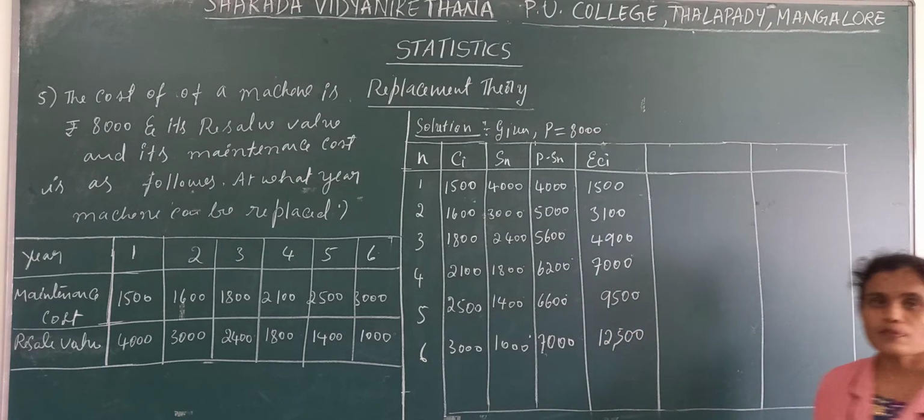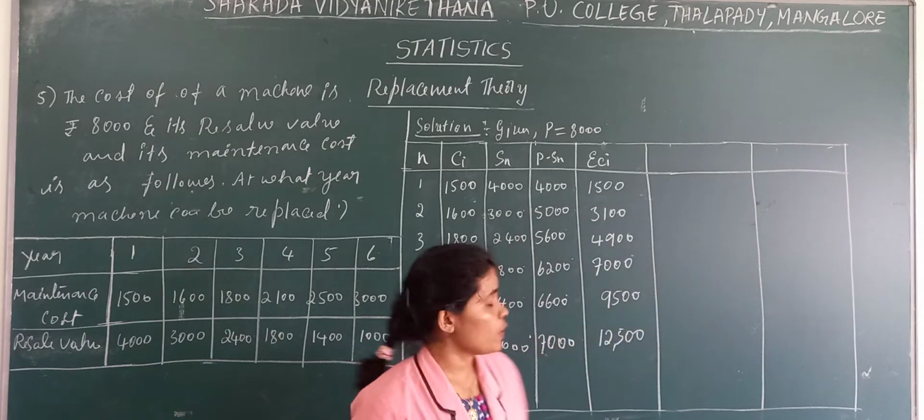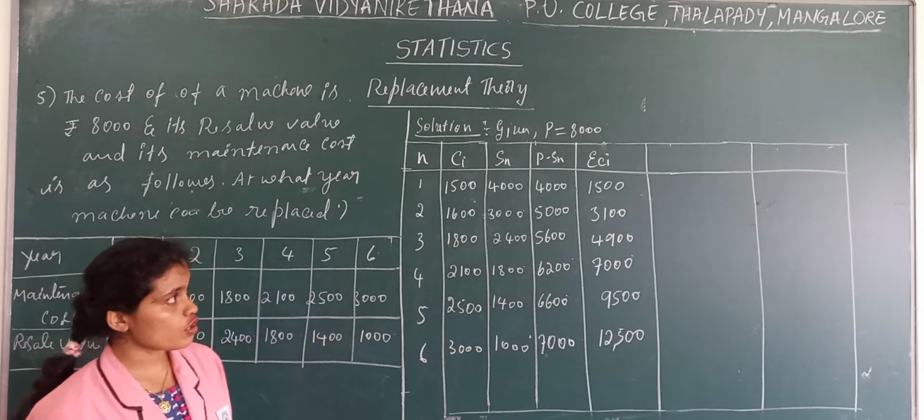This is sigma CI or cumulative operating cost or maintenance.